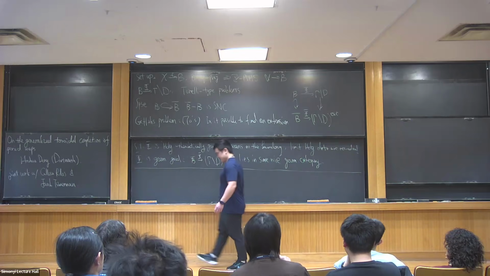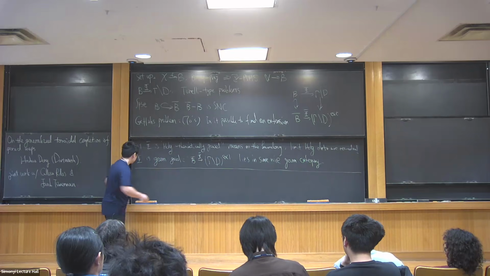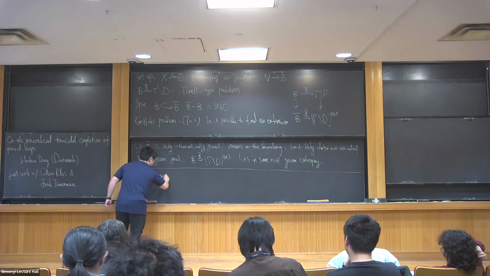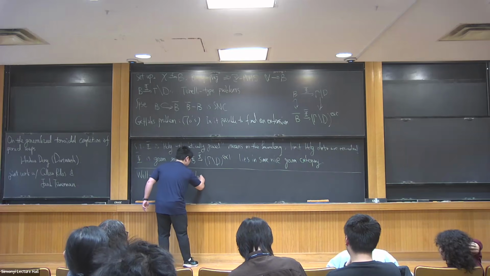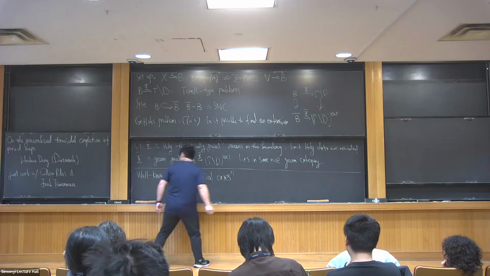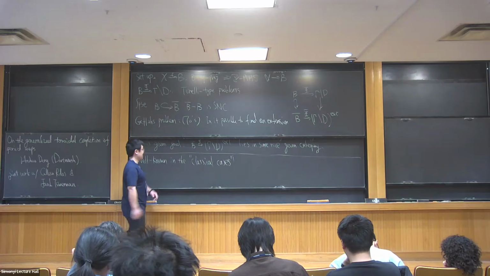So first, it is very well known in many classical cases. So this is well known in the classical cases. By classical, I will later explain in detail what classical cases mean.